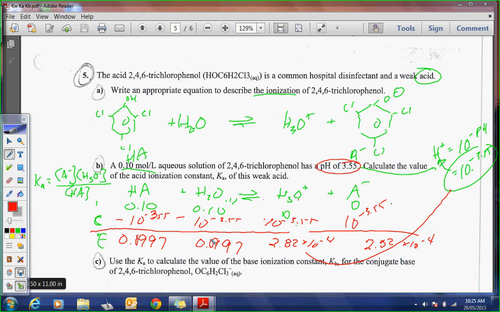How do we get different numbers for the equilibrium? I didn't, I just typed it in my calculator. 10 to the power of negative 3.55 is that number. Not a different number, it's just differently communicated. And then you plug all of those values into here and you get a Ka value.